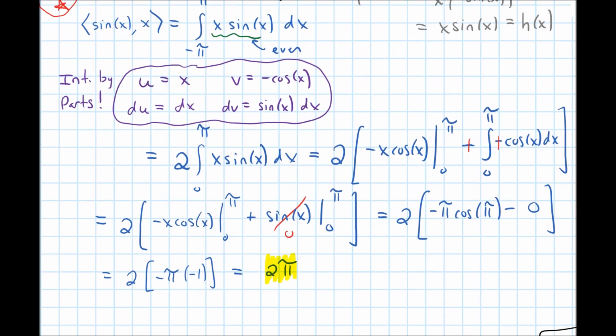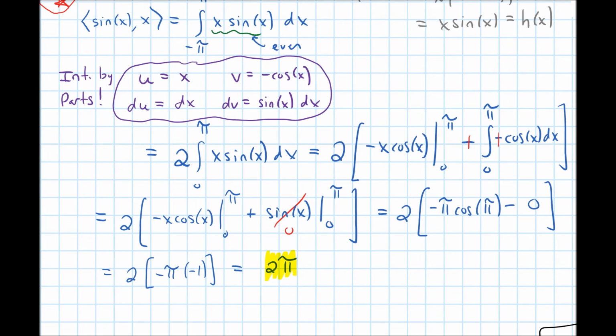So it's not 0, so we didn't get lucky in the fact that our two functions are not orthogonal right off the bat. So at this point, we know that sine x and x are not orthogonal. And because they're not orthogonal, well, that means now we use Gram-Schmidt. So let's do that.